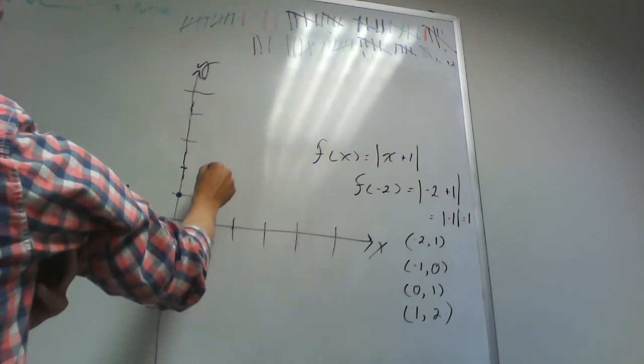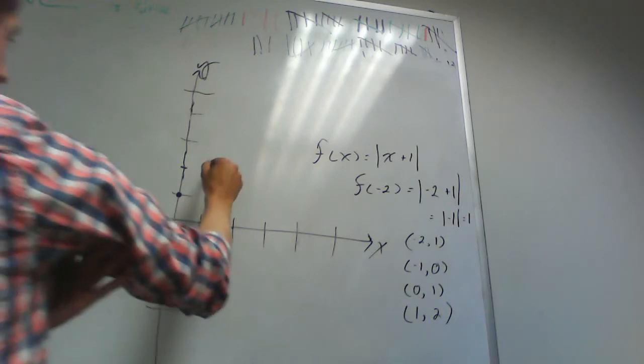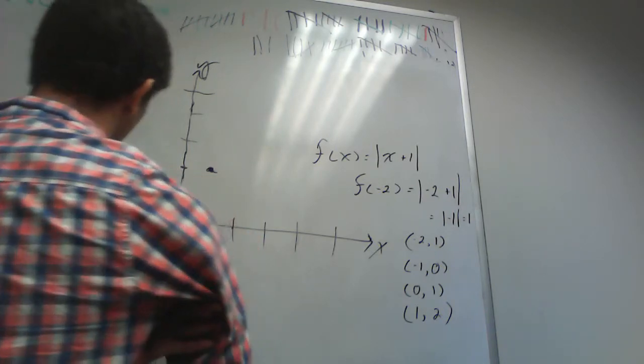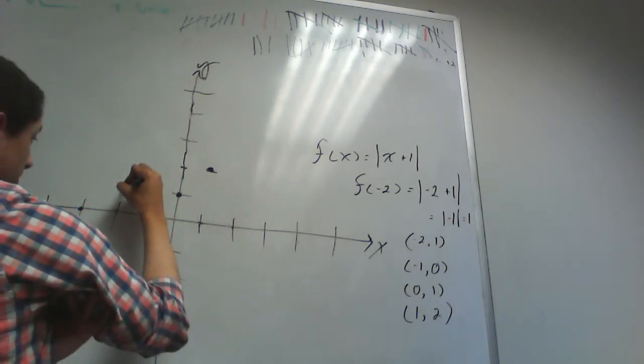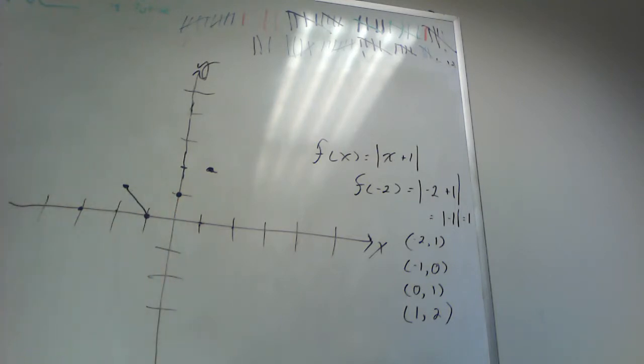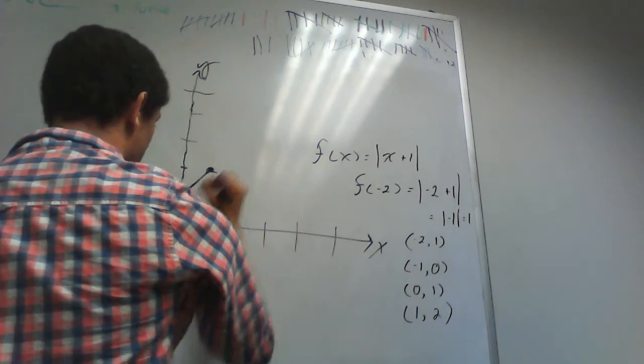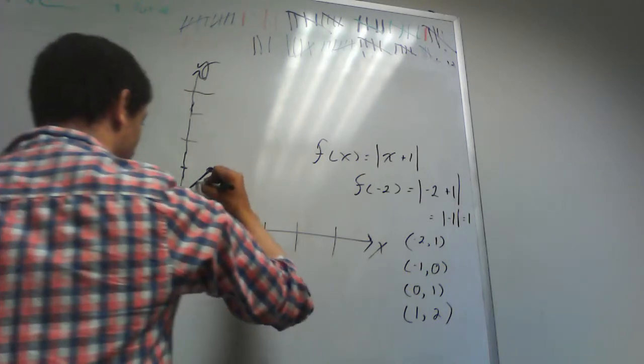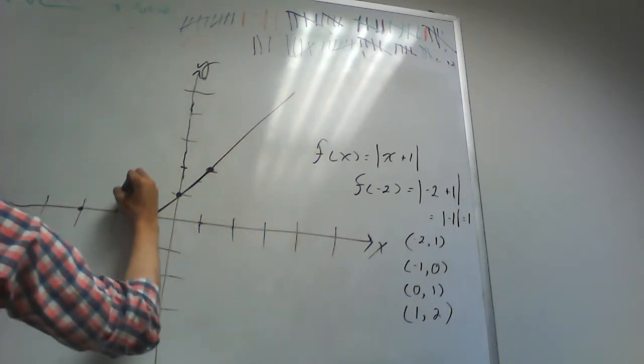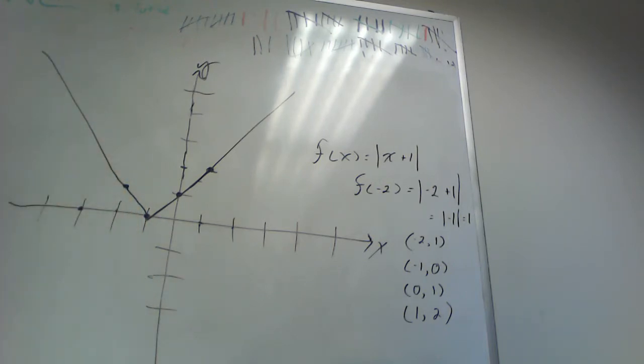Okay, so yeah, that's right. And so what you have here is that. Of course, if you kept going, it would just be a line going that way and then a line going that way. Okay, pretty simple, pretty straightforward.